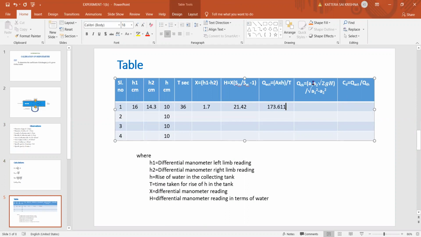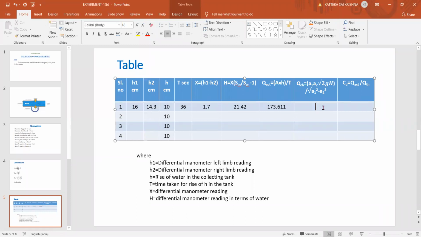Next, calculate Q theoretical. Siddiq, I got 21.11. Which one?